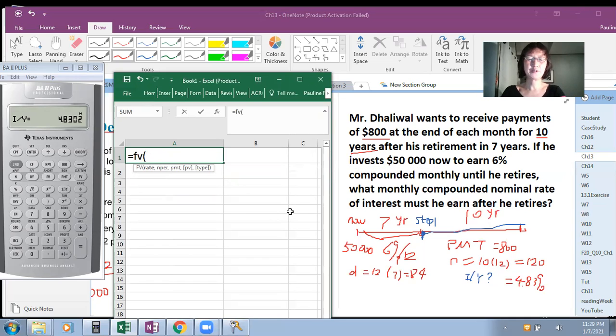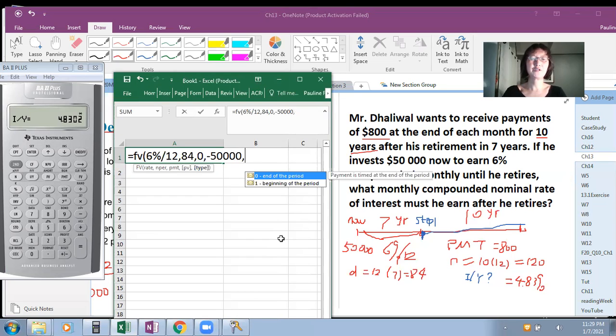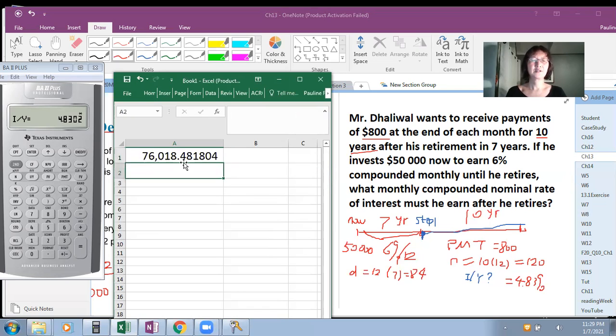Rate is 6% compounded monthly. NPER is 84. PMT is 0. PV is negative 50,000. Type is 0. So this is the future value. This future value becomes the present value for this annuity.